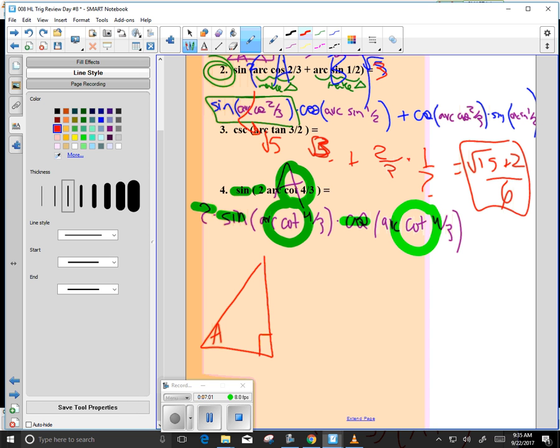So tangent being 4/3 would be opposite over adjacent. So what's cotangent? Adjacent over opposite, right? And that'll be a 5. So this is going to be 2 times the sine. Sine is going to be 3/5. The cosine is going to be 4/5. So I'm just going to get 24/25.